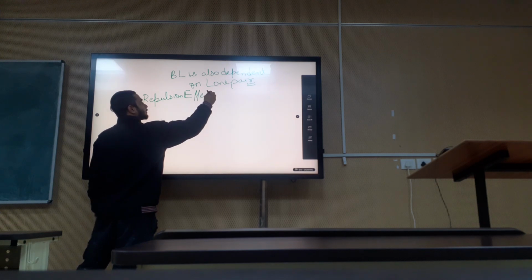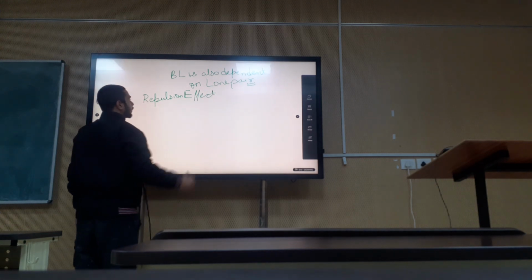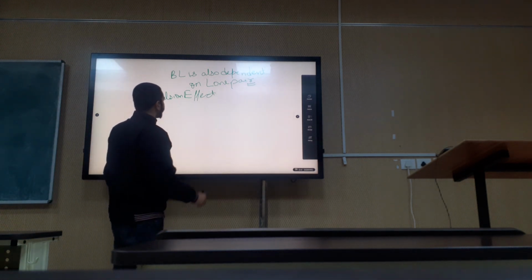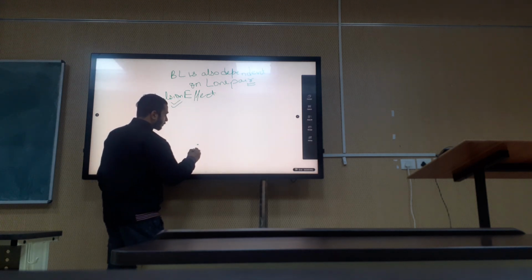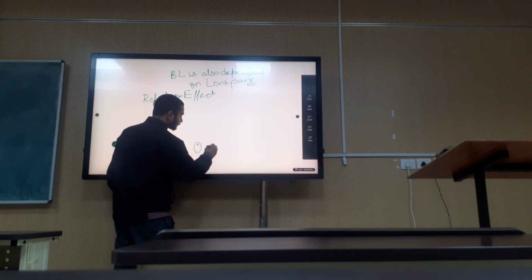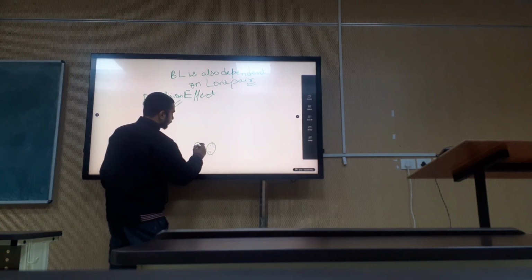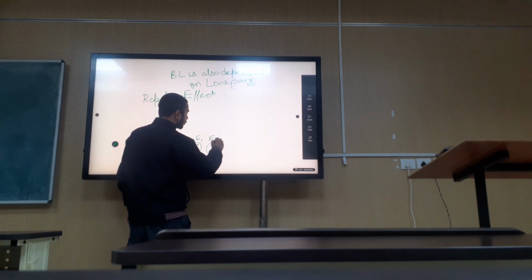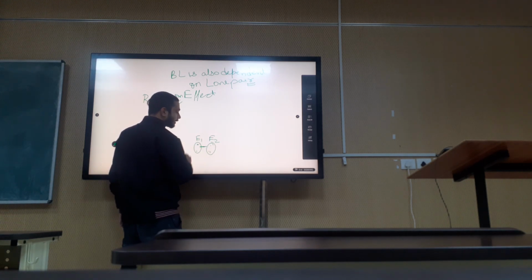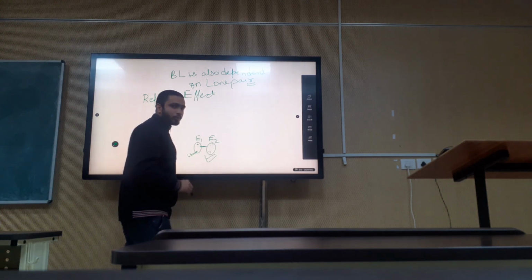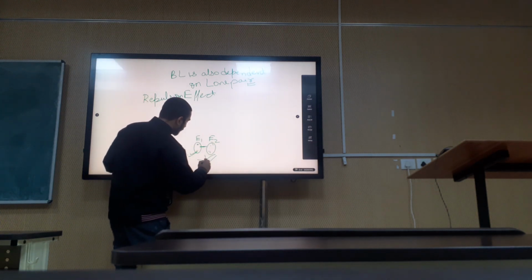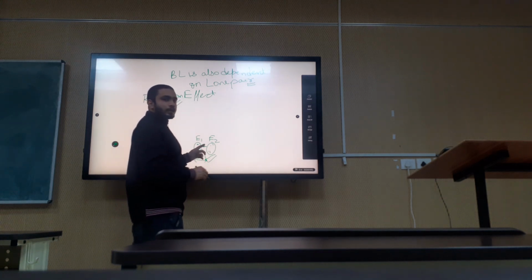Because of these lone pairs, there is some repulsion effect. Suppose a particular compound has 2 lone pairs, for example one element E1 and a second element E2. This is the bond, and E1 has one lone pair and E2 has another lone pair. So there is repulsion between these atoms.